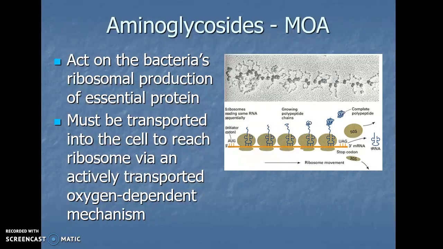And in order to get in there, they need an oxygen dependent mechanism. The reason for that is that in most physiologic pHs, they are hydrophilic. So they don't tend to go across the cell membrane on their own. They need this oxygen dependent mechanism to get them across the cell wall.